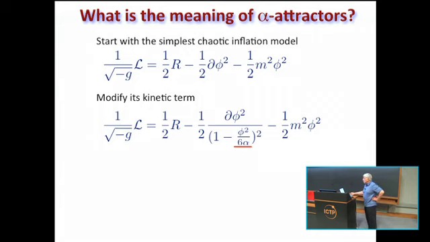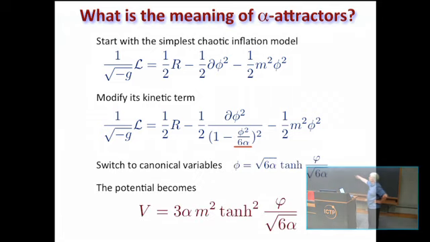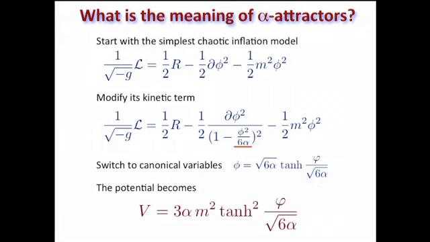The only thing that we did so far is change the kinetic term, but from this complicated kinetic term one can always go to canonical variables. You just write the equation d phi over this square root, equal to d curly phi.